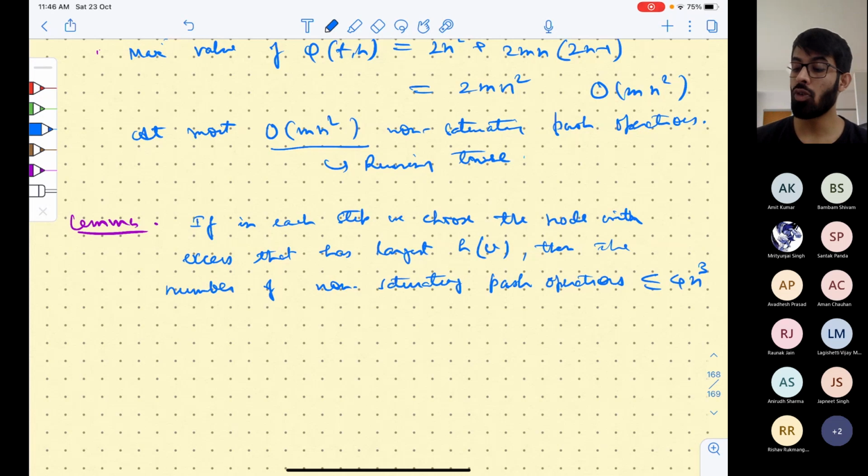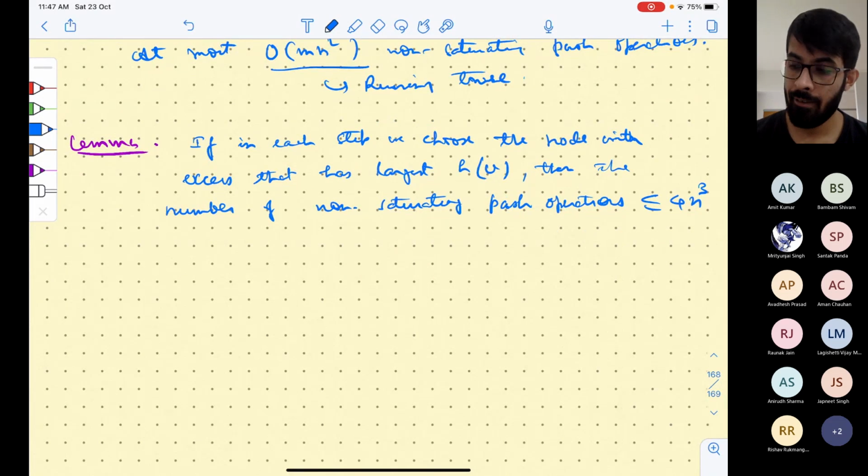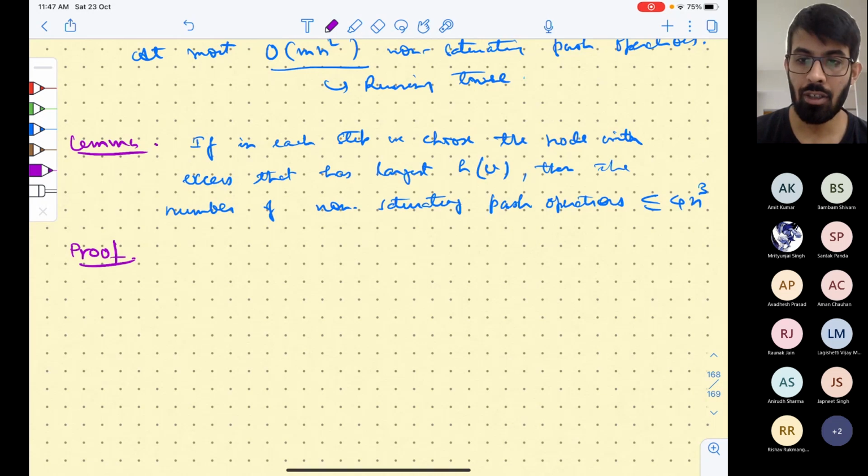Right, here we had mn square, which can be as bad as n to the 4, but now we can do it in order n cube. Okay. So we'll prove this lemma, and then we'll be like, this is the last result for today.